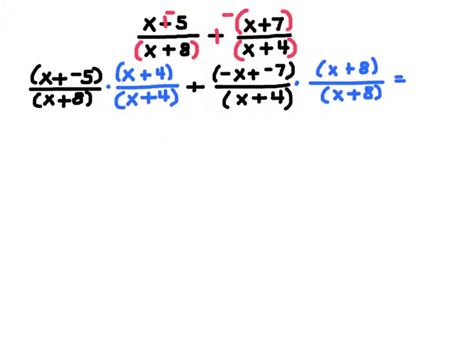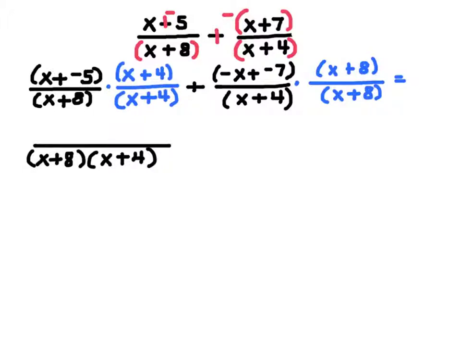And when we do that, the denominator, I'm going to leave factored as x plus 8 times x plus 4. And the numerator, I'm going to use distribution to multiply x plus negative 5 times x plus 4.